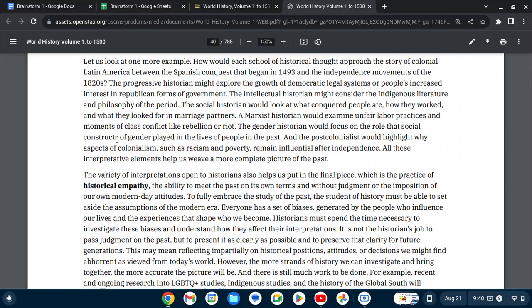The gender historian would focus on the role that social constructs of gender played in the lives of people in the past, and the post-colonialist would highlight why aspects of colonialism, such as racism and poverty, remain influential after independence. All these interpretive elements help us weave a more complete picture of the past.